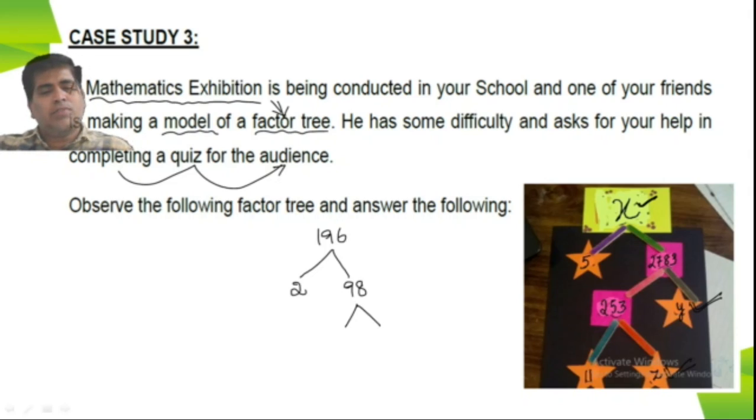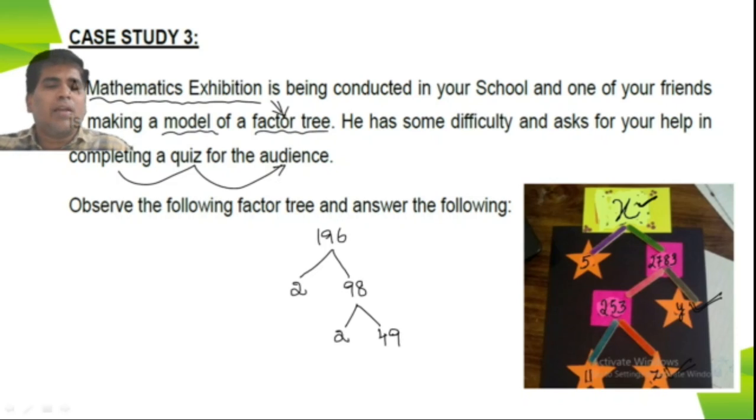I can write it as 2 into, dividing 98 by 2, what do we get? 4 twos are 8, we have 9, 1 is left out, 18, and 9 twos are 18. So 98 is the product of two numbers, 2 into 49.